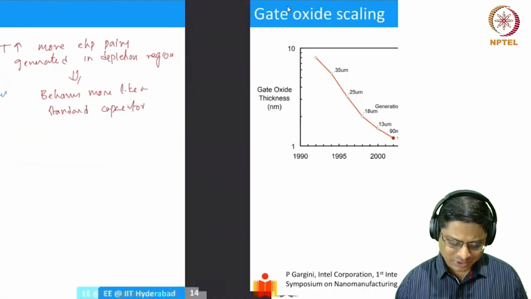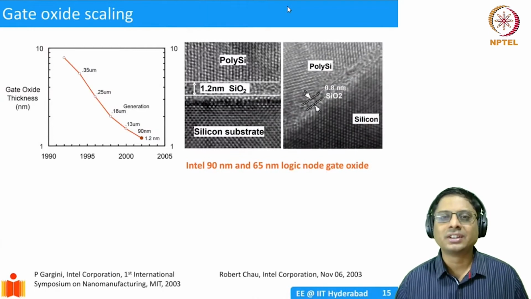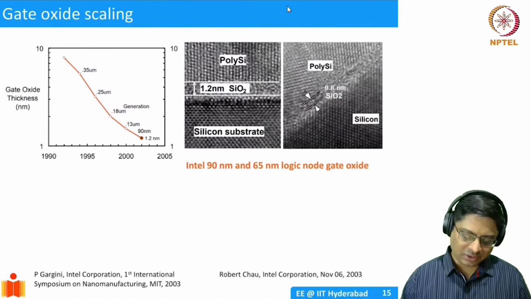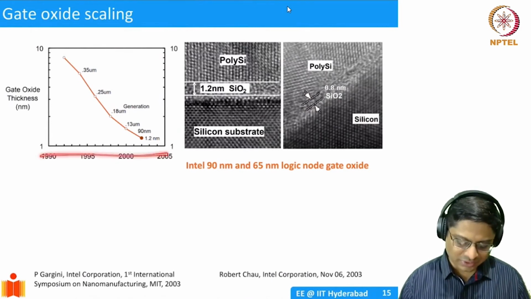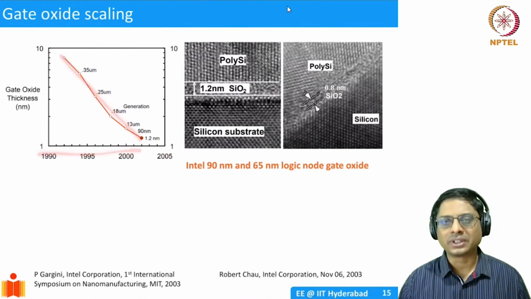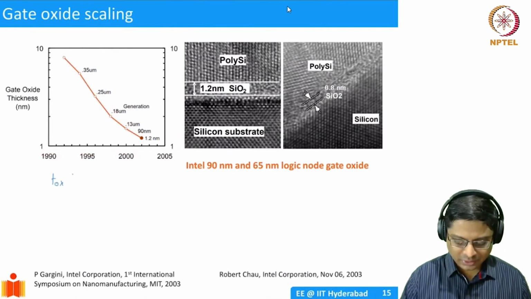One last thing I wanted to come back to before I stop the discussion of MOS capacitors is gate oxide scaling. Okay. So we saw this slide in the first video on the MOS capacitor, and I mentioned that over time the thickness of the gate oxide kept on reducing. The reason it was reducing is, if your T oxide reduces, C oxide increases.